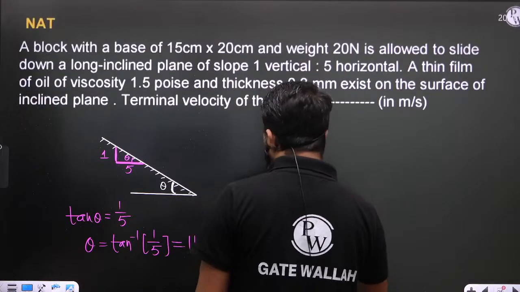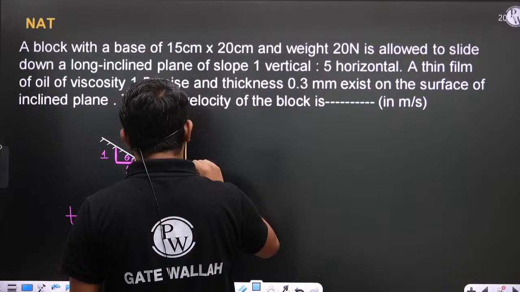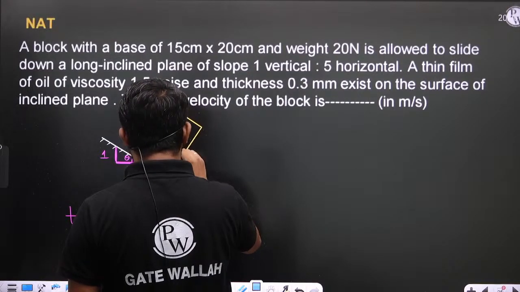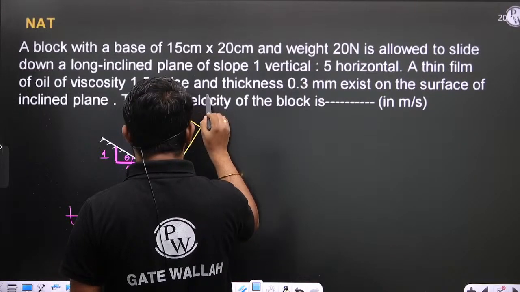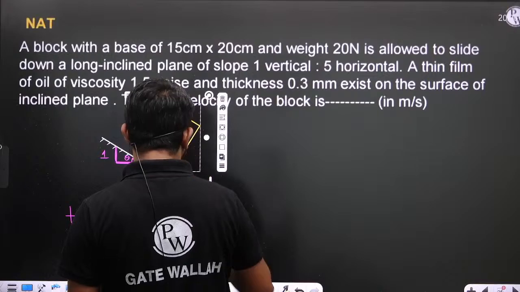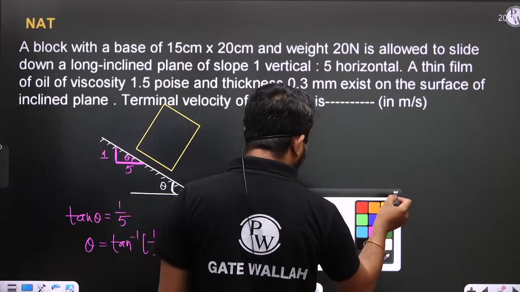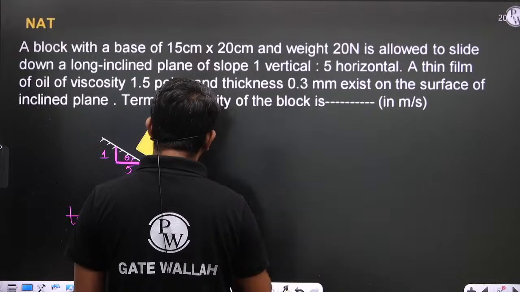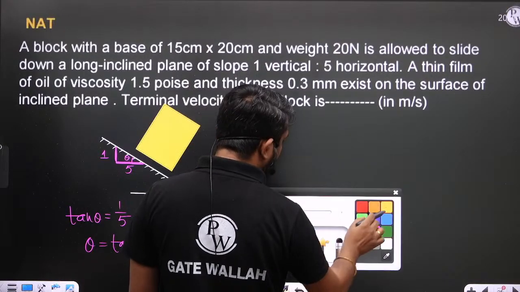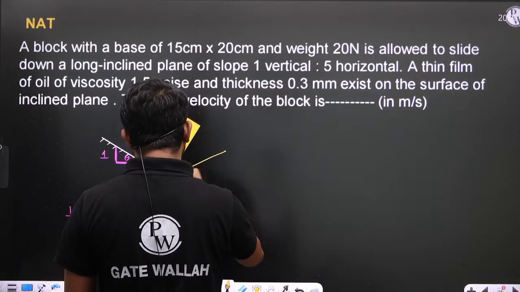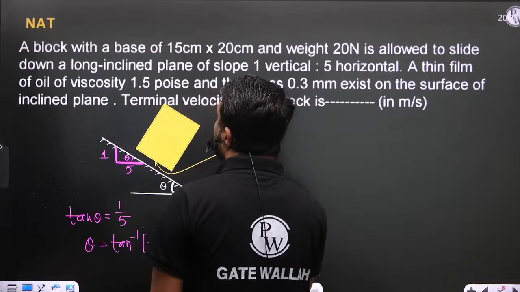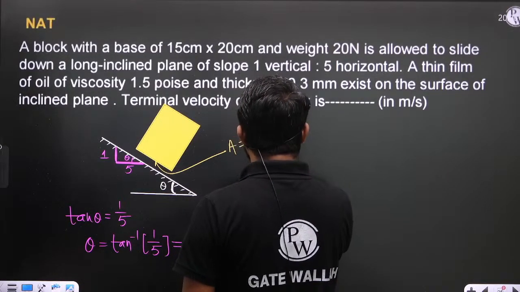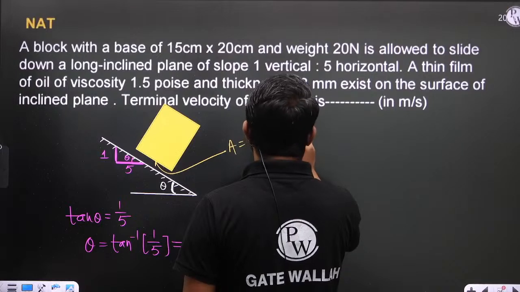Now, this is the block. In the question it is mentioned that the area in contact with the fluid base is 15 centimeter by 20 centimeter.